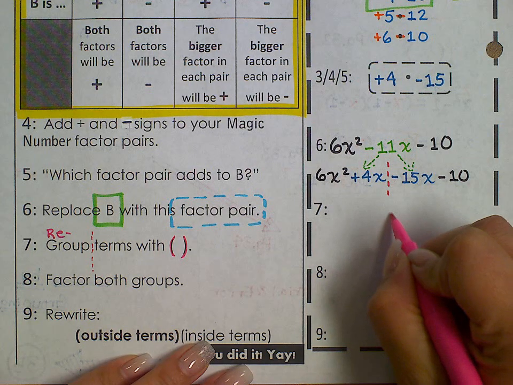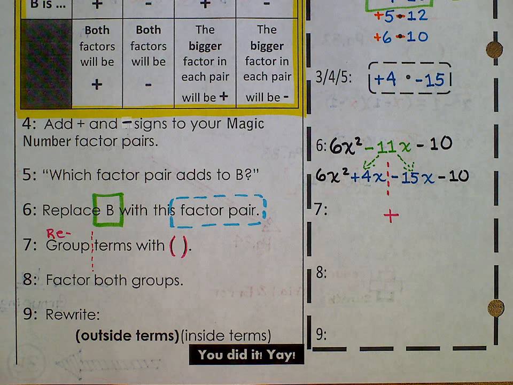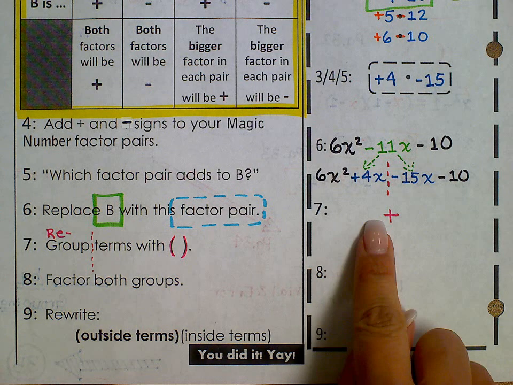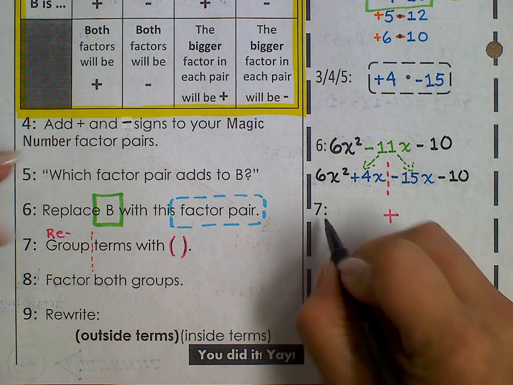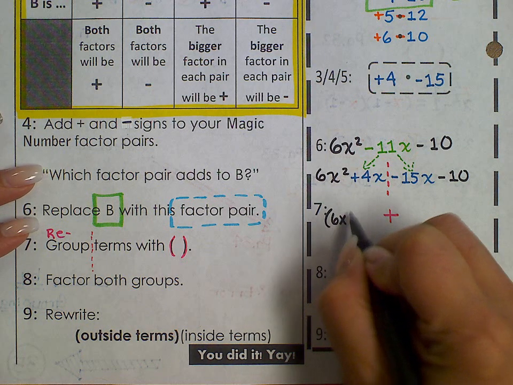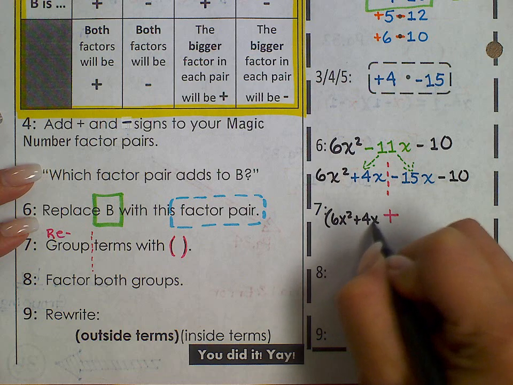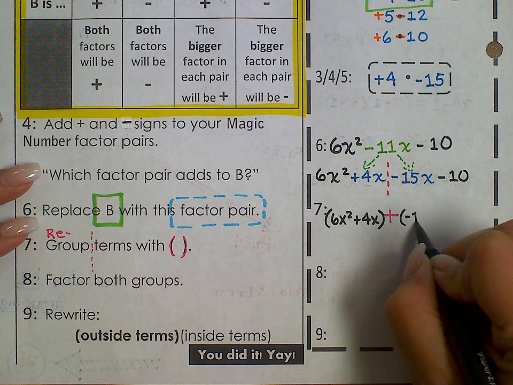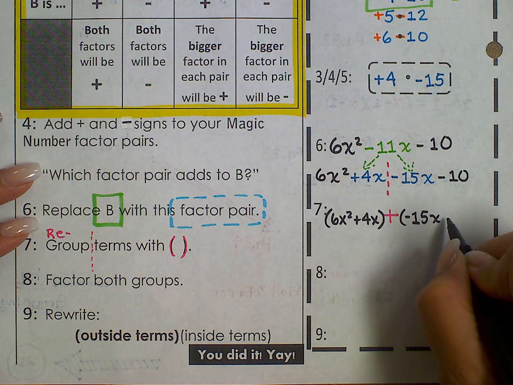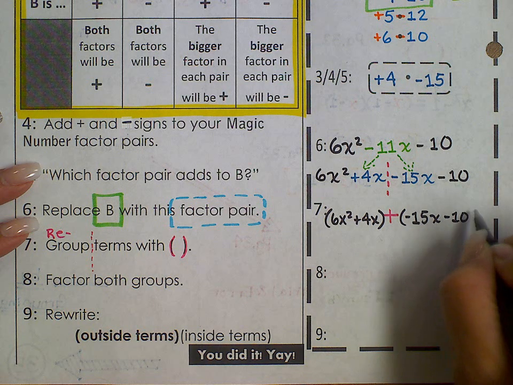And in the middle, I'm going to put a plus sign. So, using parentheses, what binomial do I have on the left side? 6x squared plus 4x. And what do I have on the right side? Ooh, negative 15x minus 10.